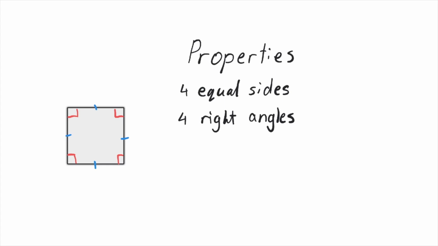Now, what else does our square have? Well, we're starting to really nitpick now, but what squares actually also have are 2 sets of parallel lines.